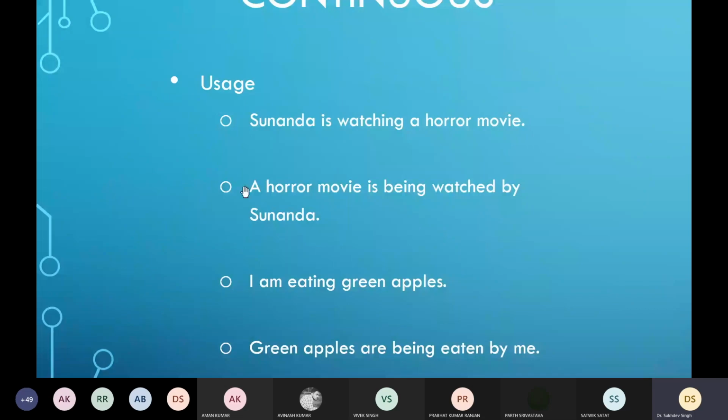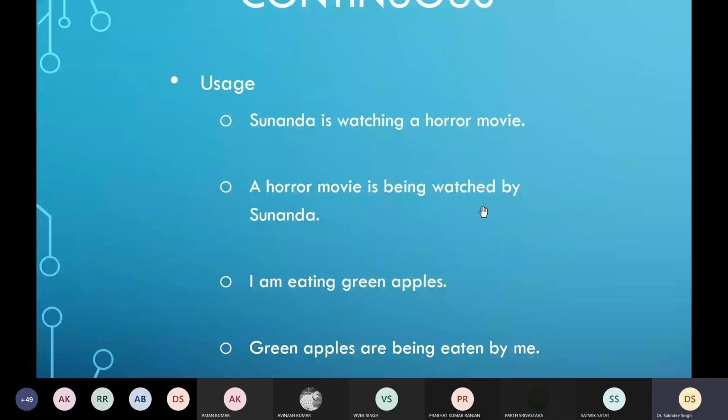So we pick the object, a horror movie, and place it in the position or place of the subject, and then add is, because this is singular, a horror movie. And after that we add being, which refers to the continuity.